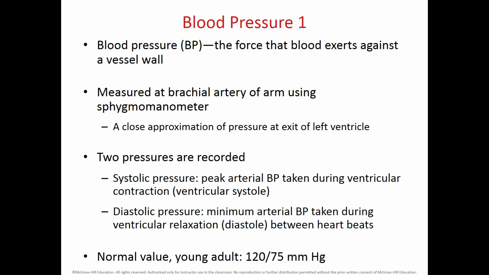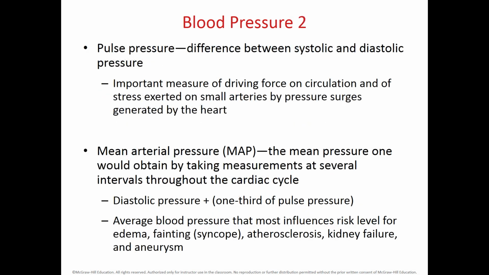The systolic pressure corresponds to ventricular systole, and usually in an adult who is not hypertensive, it will be 120 millimeters of mercury. The diastolic pressure corresponds to ventricular diastole, and this will usually be around 75 or 80 millimeters of mercury in someone who doesn't have hypertension.